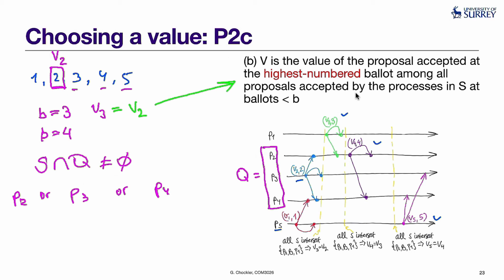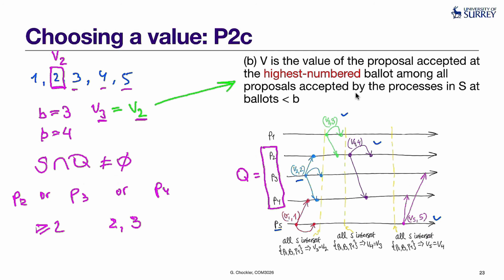That means that the maximum ballot that we will encounter will be either 2 or 3. And as we have just shown, the value accepted in ballot 3, V3, is equal to V2.